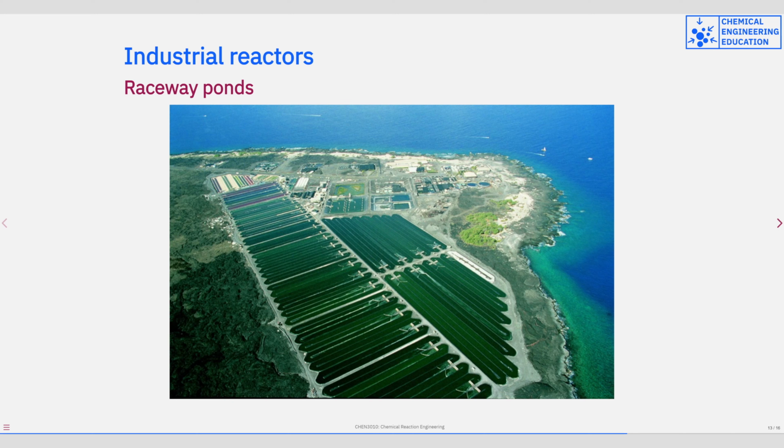Raceway ponds are open-air shallow ponds used in the cultivation of algae and other aquatic organisms. They are often used in the biodiesel industry for growing algae that can be converted into biodiesel. These systems allow for controlled conditions to optimize the growth rate of the algae and are an example of bioreactors in industrial biotechnology.